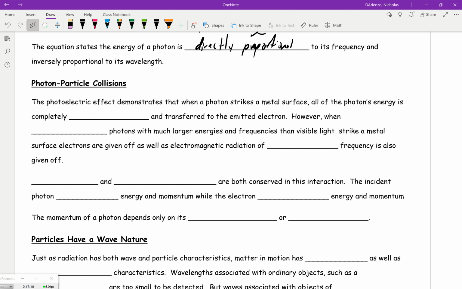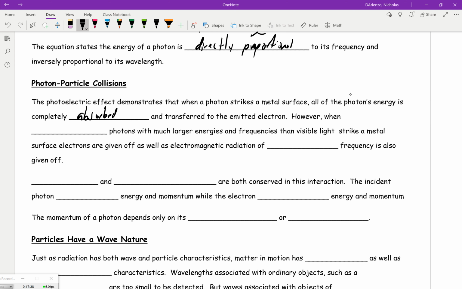Now the photoelectric effect demonstrates that if a photon were to strike some piece of metal or a metal surface or a solar panel, all of the photon's energy is completely absorbed, and therefore is transferred to the electron that's being ejected from the metal itself.